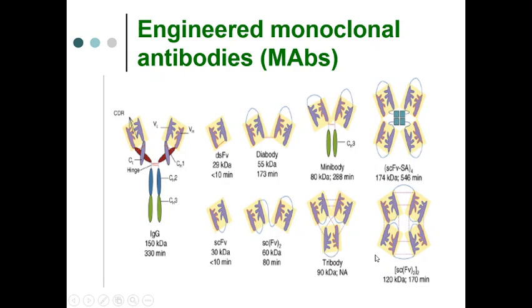Each of them has a different molecular weight and different half-life, and has been engineered specifically to treat the tumor cells by targeting them against the tumor antigens expressed specifically by the tumor cells. Therefore, the overall toxicity of the chemotherapeutic drugs or radionuclides can be avoided.